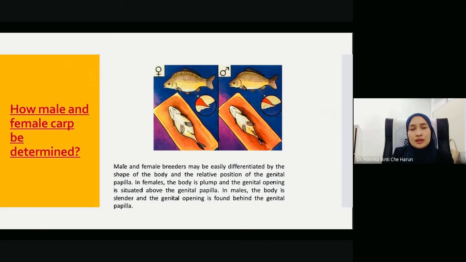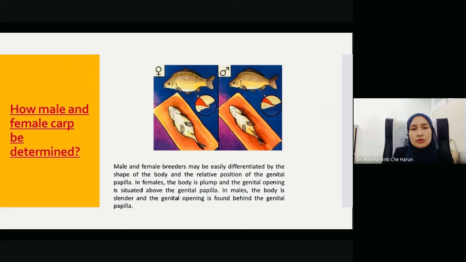So, if you want to differentiate between female and male, in terms of the shape of the body, female have quite a plump body compared to male that have a bit slender.